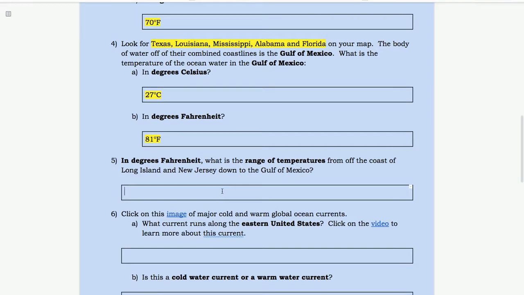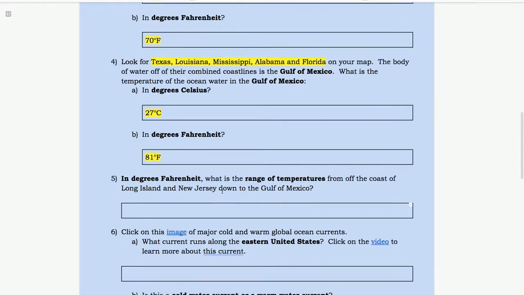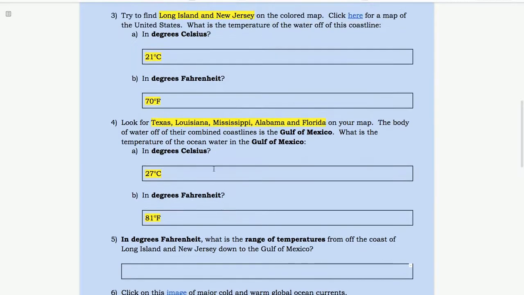So this means we give the high and the low, or the low to the high. The range is given from the lowest to the highest. So off of Long Island, New Jersey, we're at 70 degrees Fahrenheit. So I'll copy that 70 degrees Fahrenheit, all the way up to 81 degrees Fahrenheit.